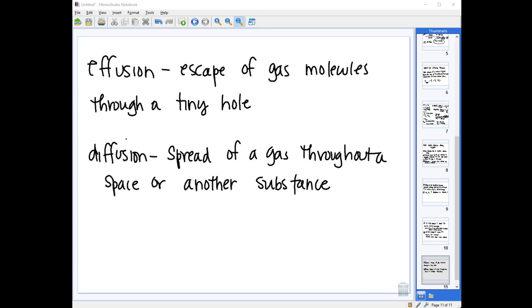It fizzes, right? We get that fizzing sound. We can hear that gas. That's effusion. Now we have broken that seal, and we're allowing some of that gas to escape through a tiny space. So that fizzing sound is essentially effusion.